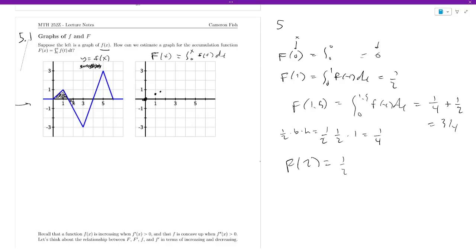Because by the time I get to 2, this chunk of area is canceling out the extra 1/4 we just got. What's left is just the area that we started with, from 0 to 1. So I'm going to get back to 1/2 by the time we get to 2. So even though I'm building more and more area, because I can get negative area, it is going to go up and down.